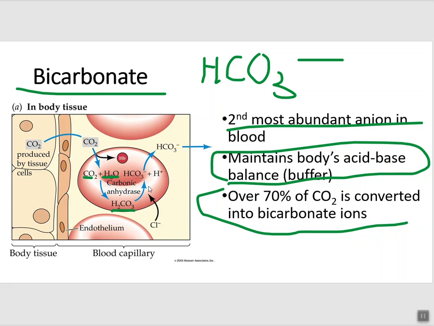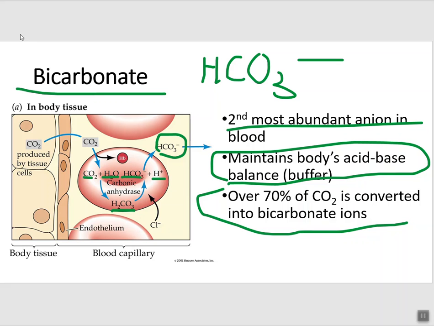Because this is an acid, one of the hydrogens is going to be easily detached. So it's going to break apart into an anion bicarbonate and a hydrogen ion. And this is the guy right there. We'll talk a lot more about this.